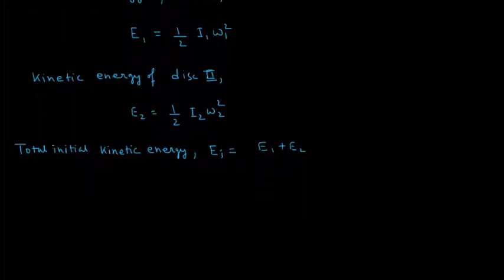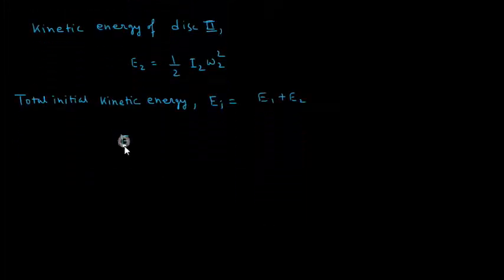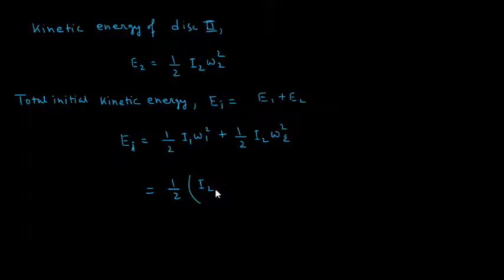Putting the values of E1 and E2, we get EI is equal to half I1 omega 1 square plus half I2 omega 2 square.